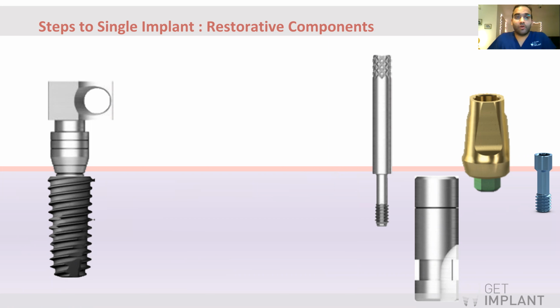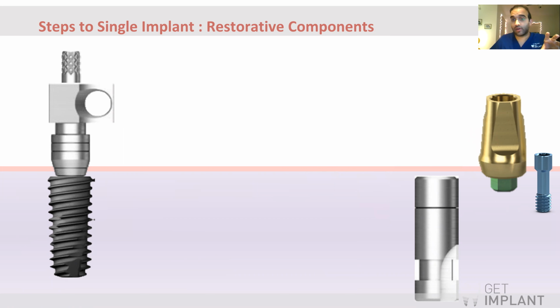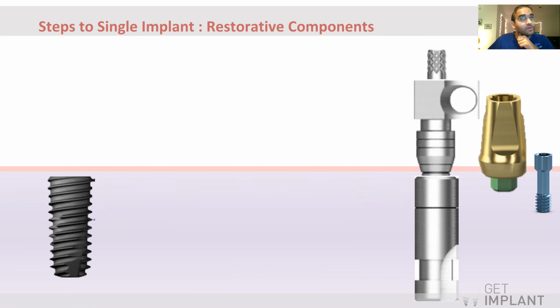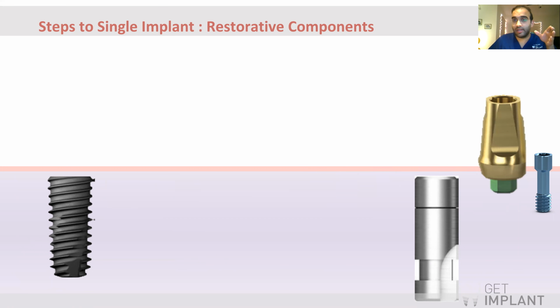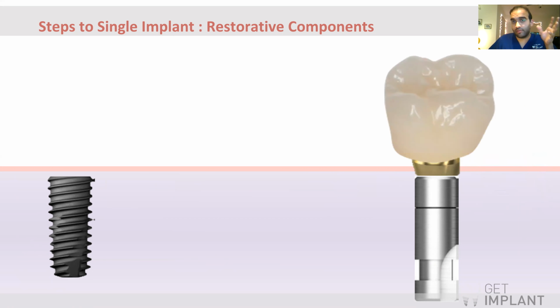We're not talking about the surgical aspects. For the restorative aspect, the impression post goes in, and once the impression is done with addition silicone, which is probably the impression material of choice for implant impressions, we transfer that to the analog and pour a model. Once the model is ready, we put the abutment on it, and then we design a crown on that model.